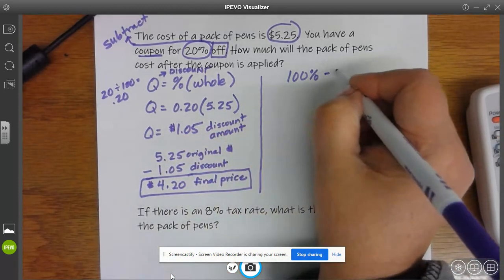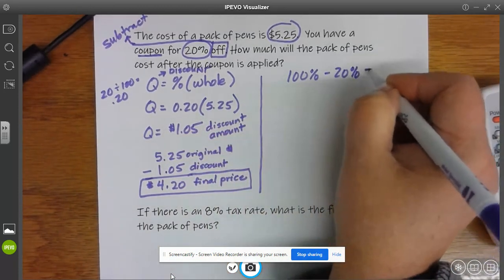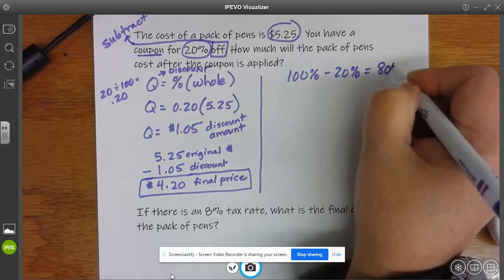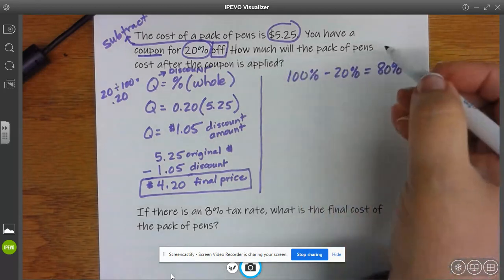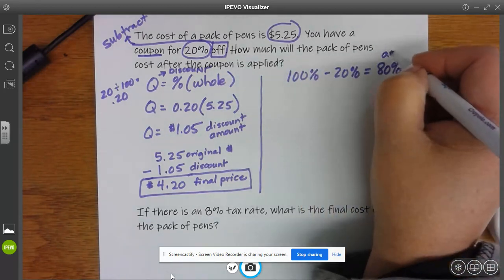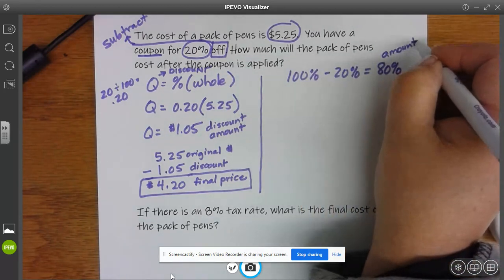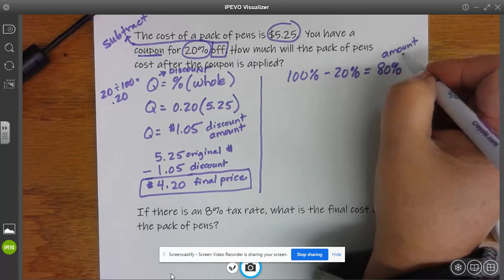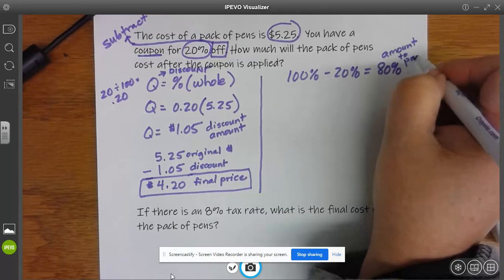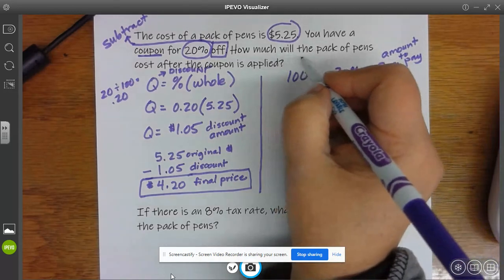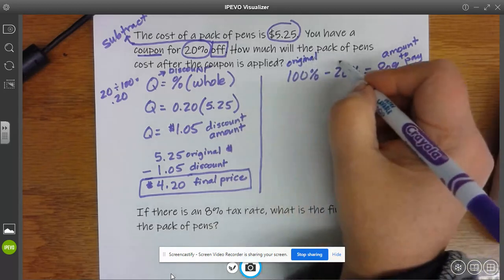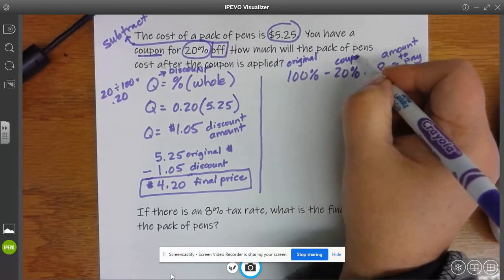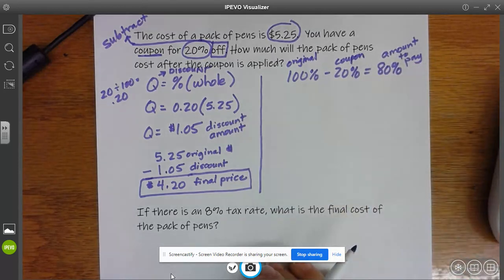So 100 minus 20% equals 80%, because 100 minus 20 is 80. So you're actually going to pay 80% of the original price of the pack of pens. Amount to pay. This would be 100% of the original price minus the coupon gives you the amount you're going to pay.